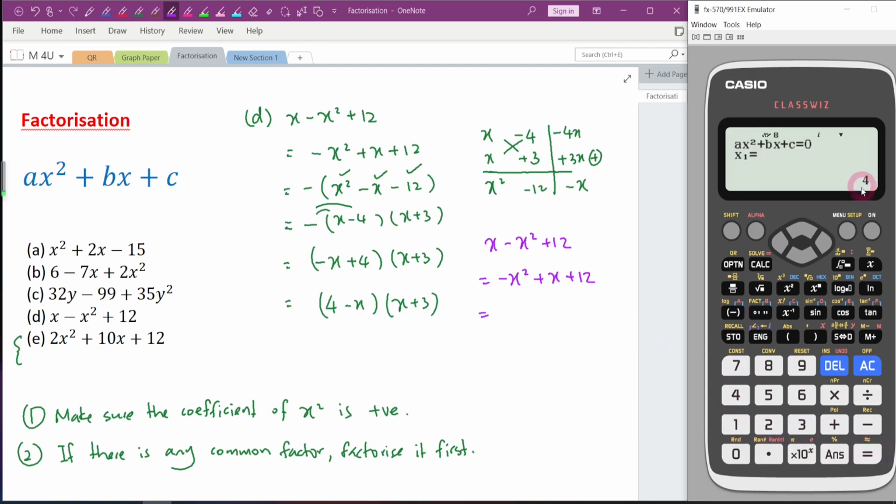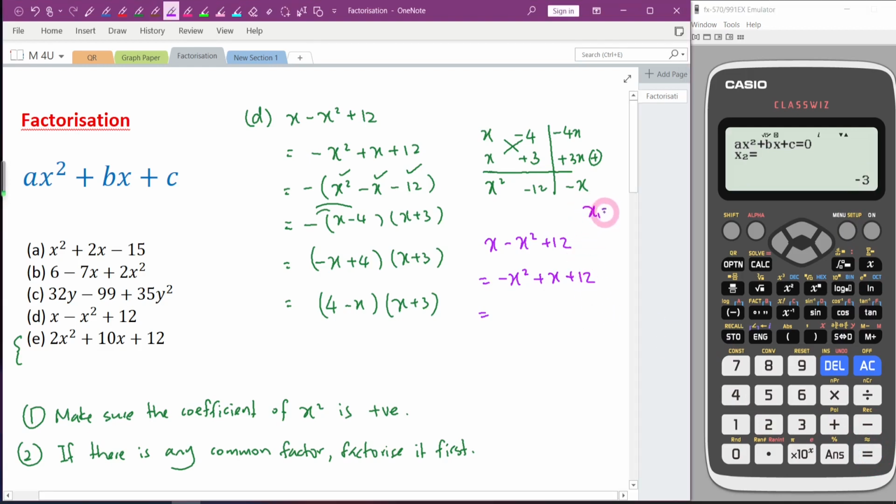So we get 4 and negative 3, right? x1 is equal to 4, x2 is equal to negative 3. Now, write two parentheses. This is an integer, so we can write the x next to the parentheses, it's okay. You get positive, we write negative, we get negative, oops, sorry, this is negative, right? Negative 3. If you see negative, we write positive. But is this a correct answer? We try to do the expansion.